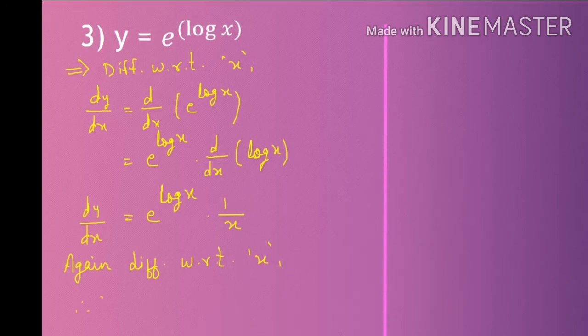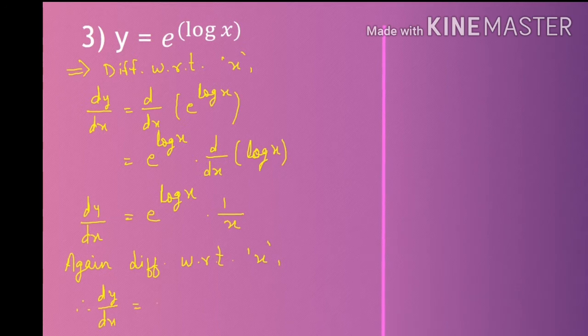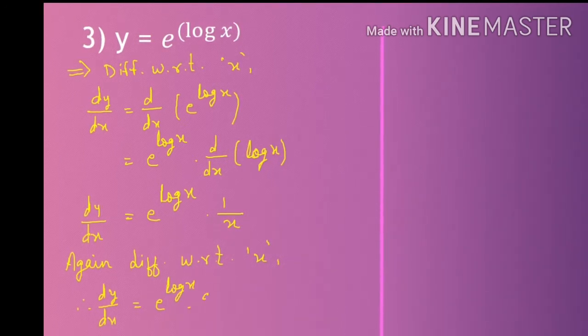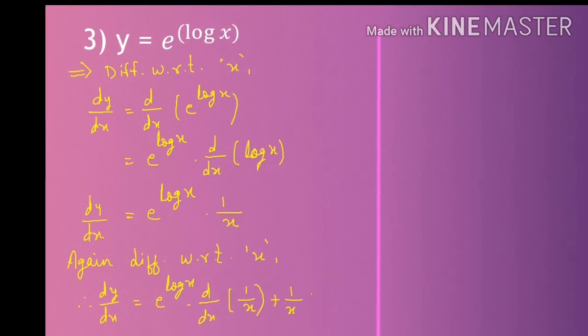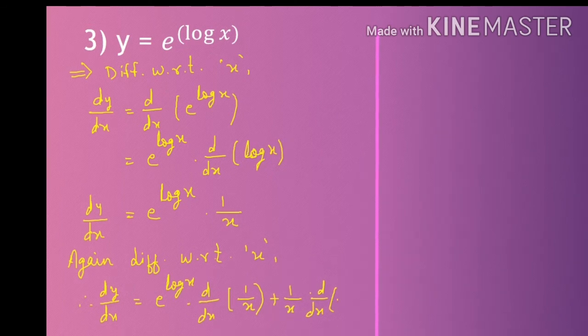So therefore dy by dx is equal to e raised to log x into d dx of 1 upon x plus 1 upon x into d dx of e raised to log x.